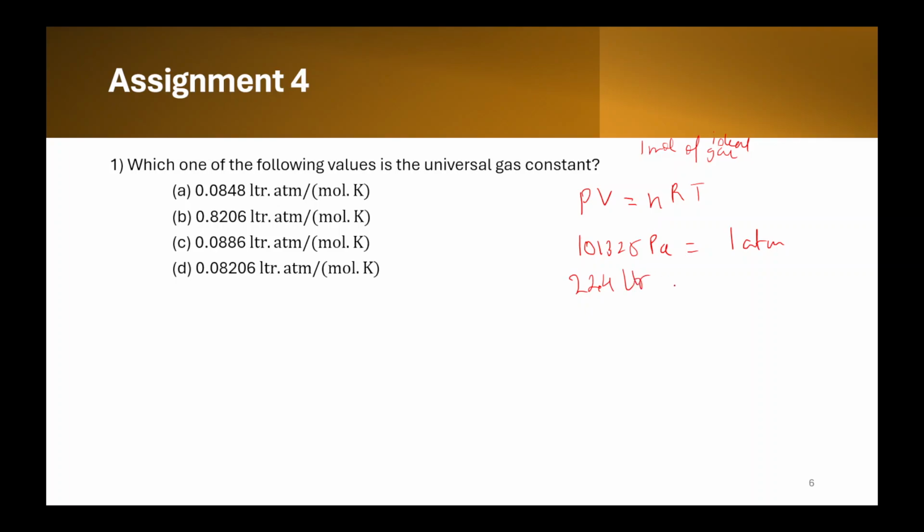And the volume of an ideal gas at standard temperature and pressure is 22.4 liter. So 1 into 22.4 upon, if we take this n below, n is 1 mole and T is 273.15. If we calculate that, 22.4 by 273.15, it comes out to be 0.08206.